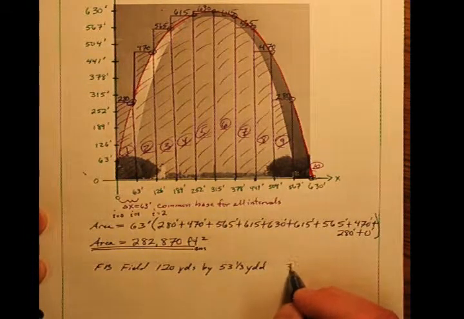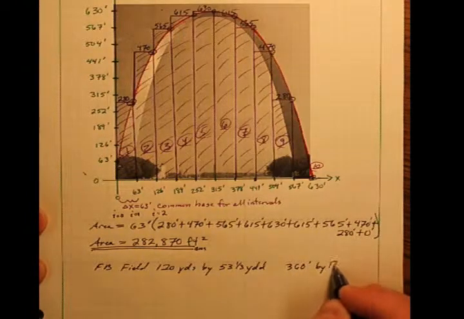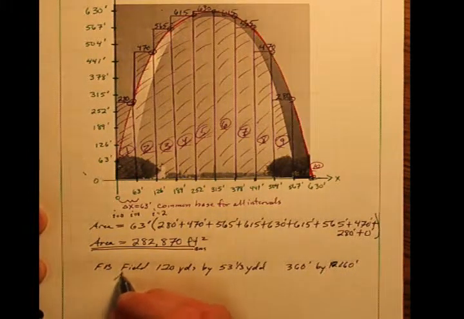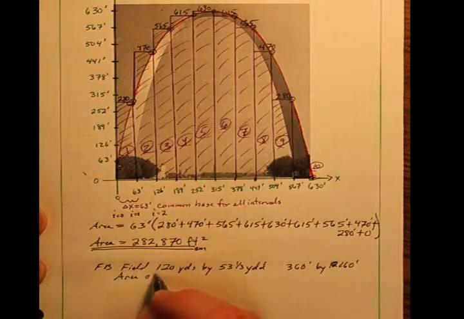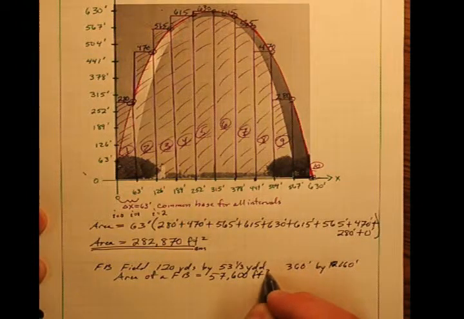Or in feet, this is 360 feet by 160 feet. So the area of a football field is 57,600 feet squared.